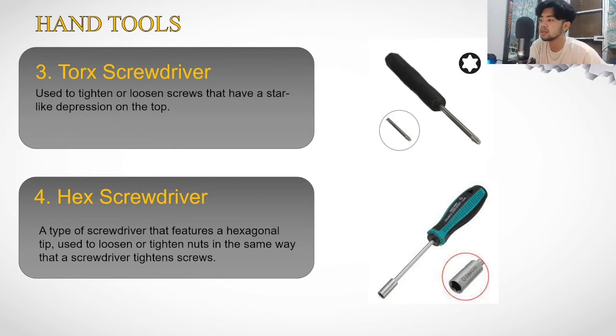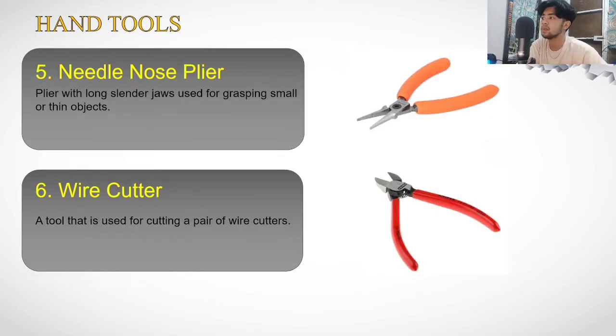Number 4, we have the hex screwdriver. A type of screwdriver that features a hexagonal tip, used to loosen or tighten nuts in the same way that a screwdriver tightens screws. Number 5, we have the needle nose plier. Pliers with long slender jaws used for grasping small or thin objects.